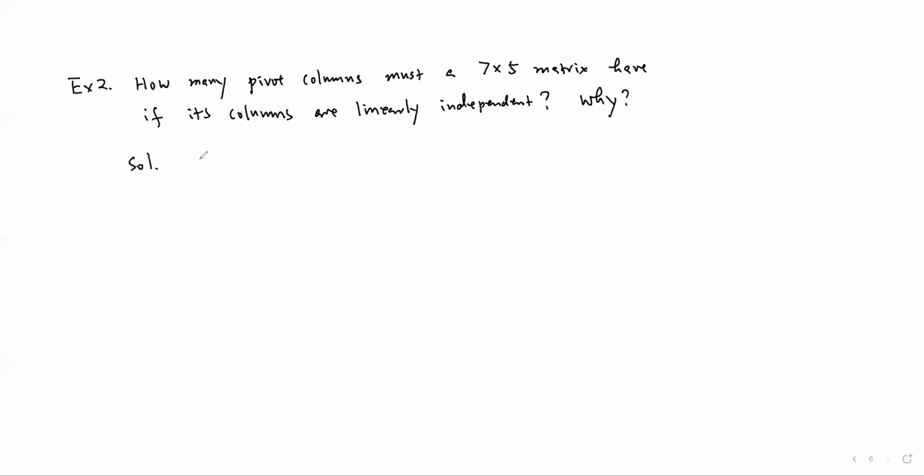Let A be this 7x5 matrix. This matrix has 5 columns. Let me denote the first column by A1, second column by A2, third column by A3, A4, and A5.